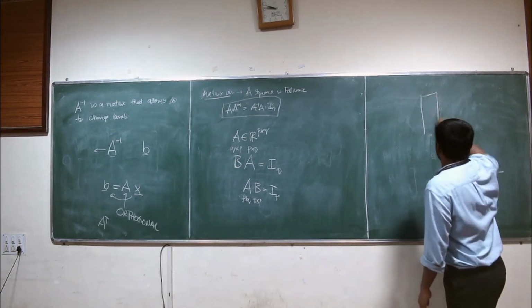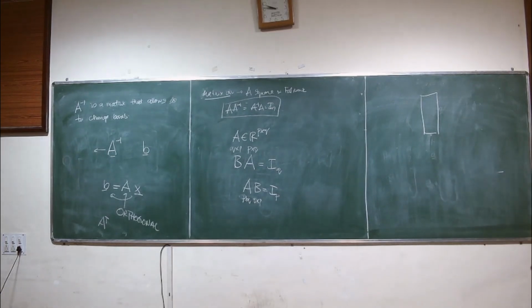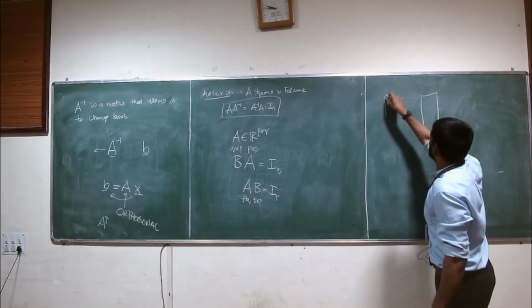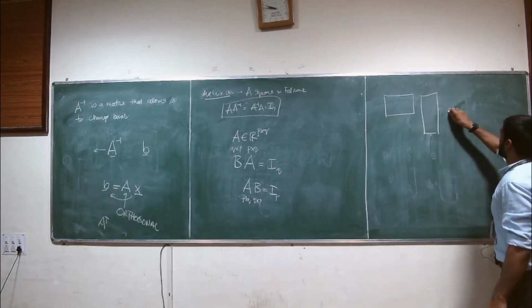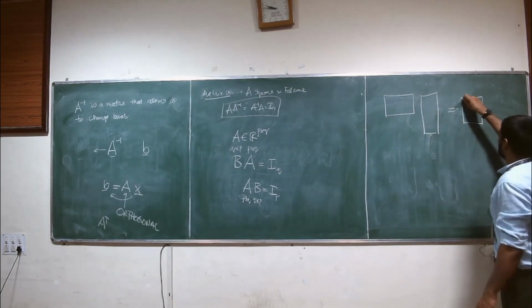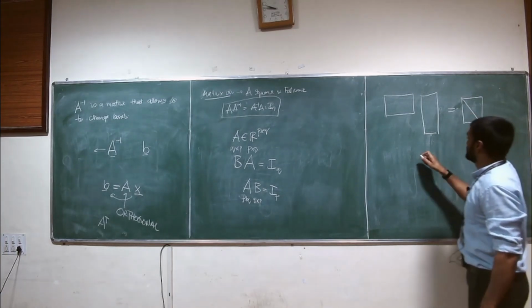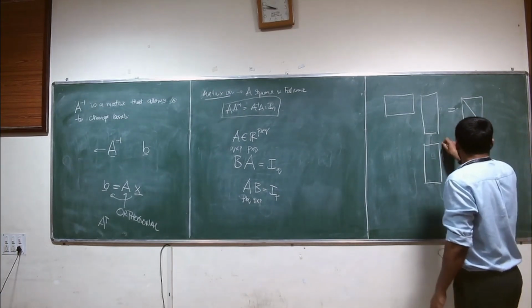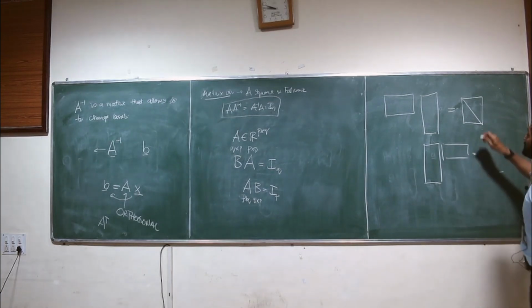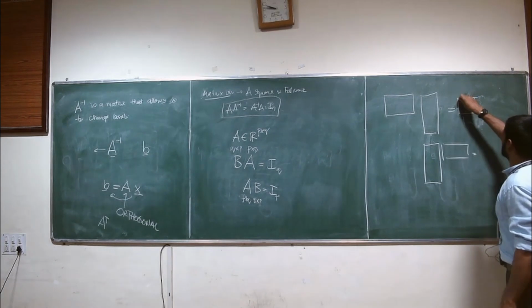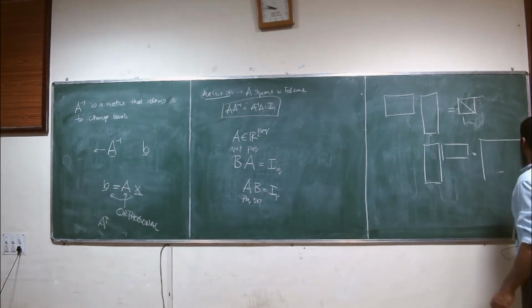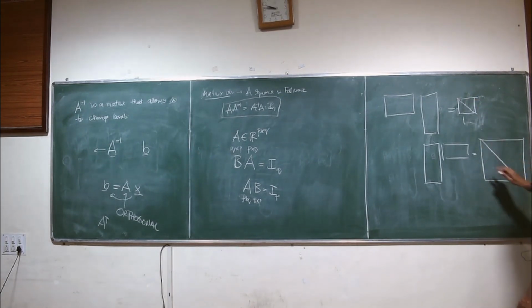Let's say you have a tall matrix, P is greater than Q. Now that means we need to find a matrix like this that will give me I. This is identity. And you take the same matrix and you multiply it here, and you get a bigger one. No, this will be small, the same size as that.